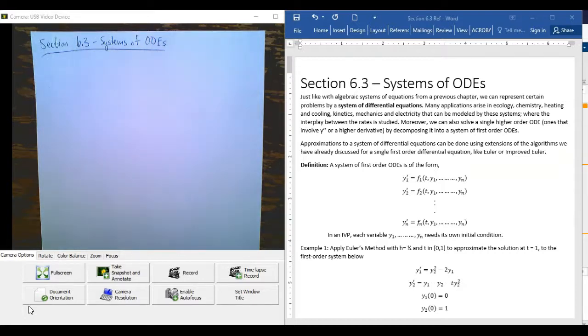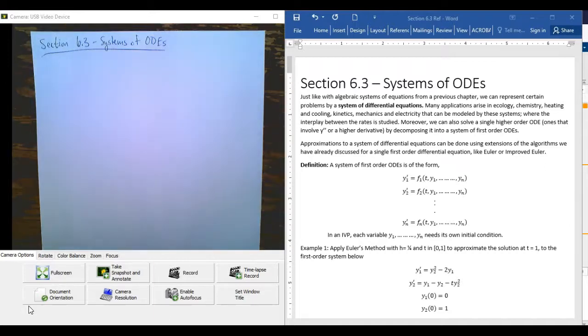So just as we solved systems of algebraic equations, many applicable problems in ecology, chemistry, mechanics, or electricity can be modeled by a system of differential equations.